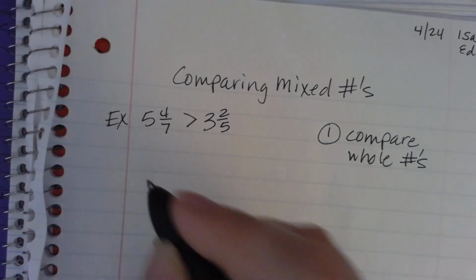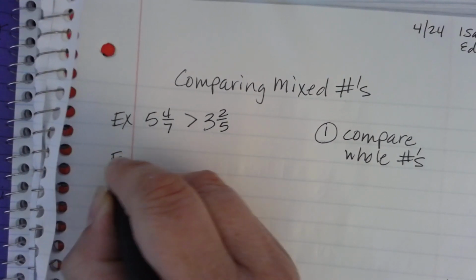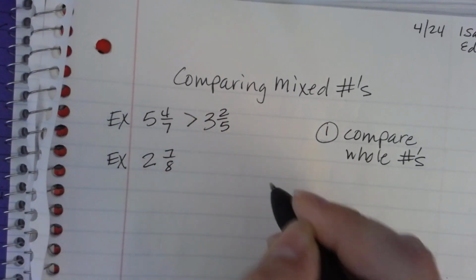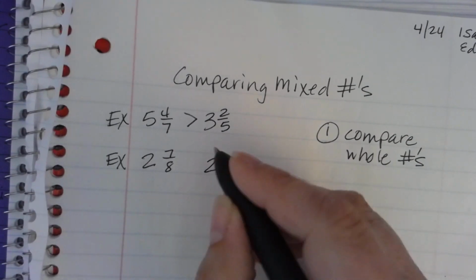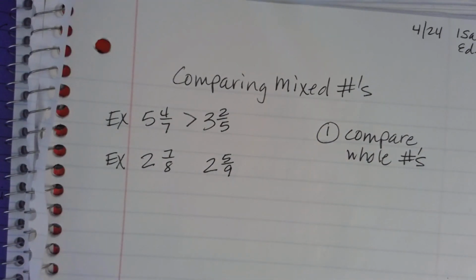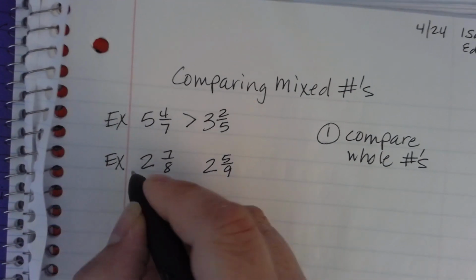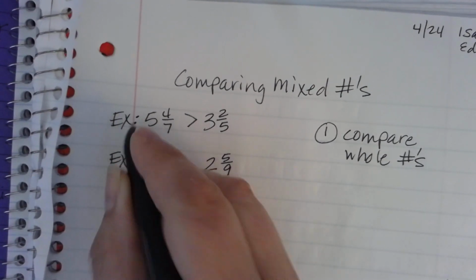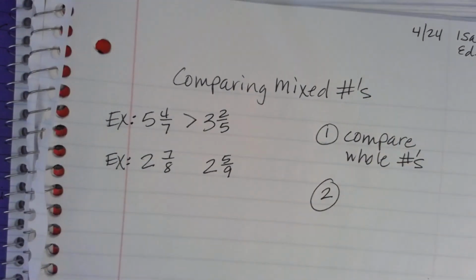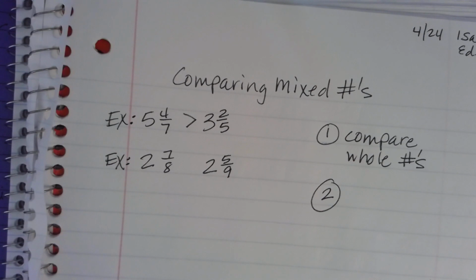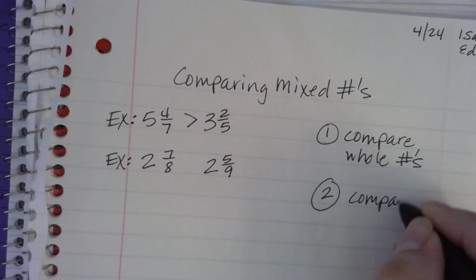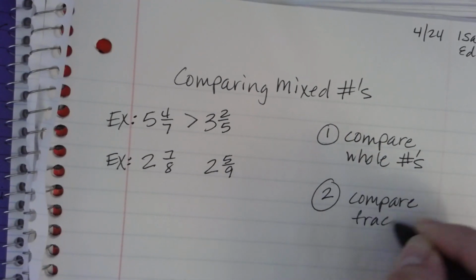But if I have something like 2 7/8 and 2 5/9, 2 7/8 versus 2 5/9, I'm going to have to step into my next line of defense, which is that I'm going to have to compare fractions.